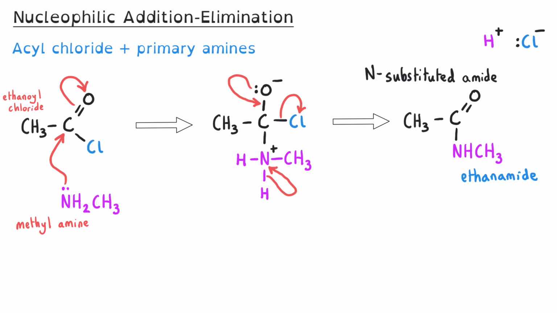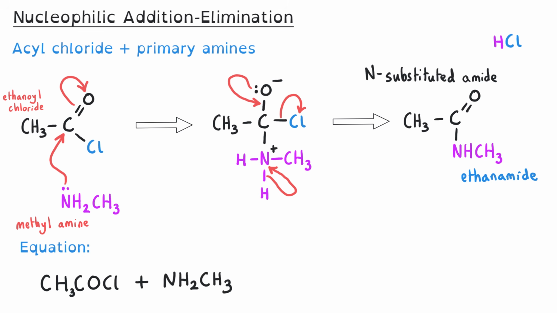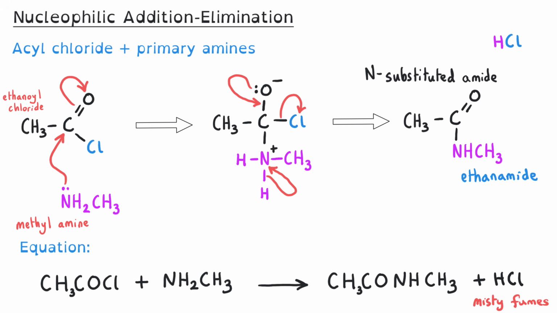And remember, we make H+ ions as a product, which would come together to make HCl. So we would refer to this as having eliminated HCl from the molecule. In terms of an equation, we've got our ethanoyl chloride structural formula here. It's reacting with the methylamine, and we're producing our N-methyl ethanamide and the HCl.